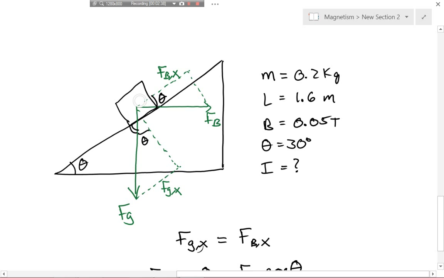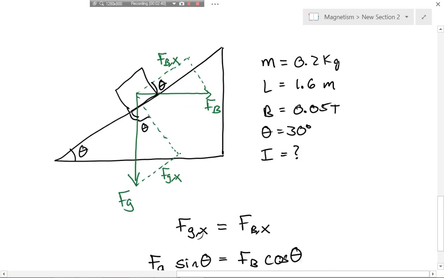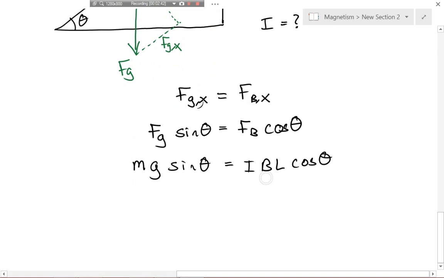So those things are 90 degrees apart. So my magnetic force is just IBL times sine of 90 degrees. Of course, we still have this cosine theta because we're just looking at the x component of the magnetic force.